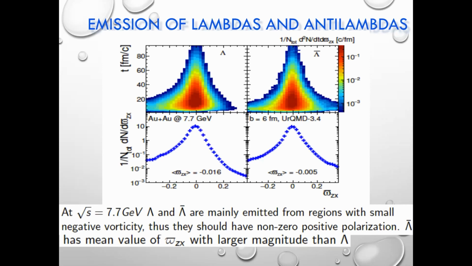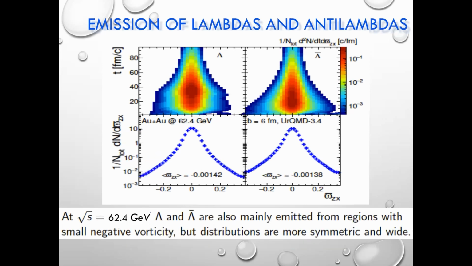The emission takes place between roughly 7 and 20, maybe 25 fm/c. Next slide. Yes, that's for high energy, 62.4 GeV. Here the emission functions are much more symmetric. Yes, next.